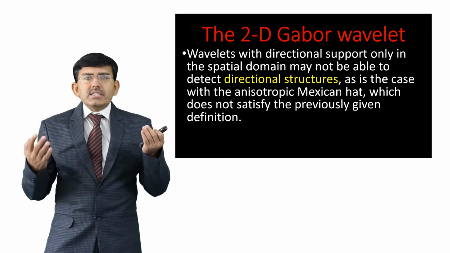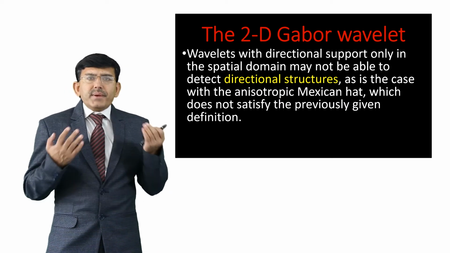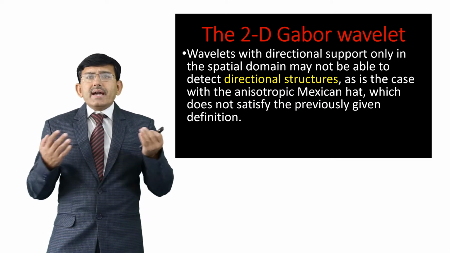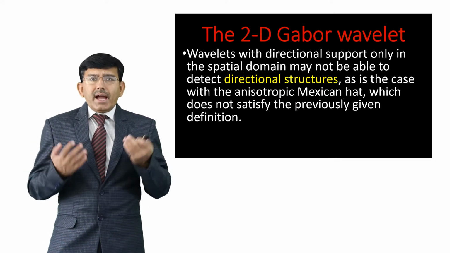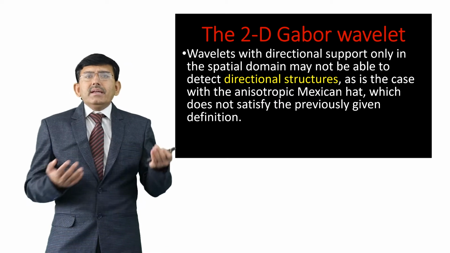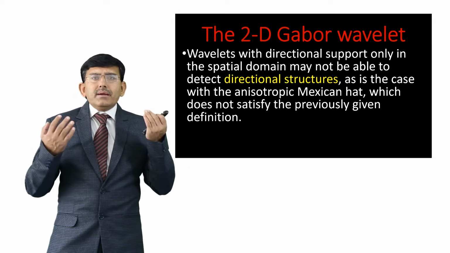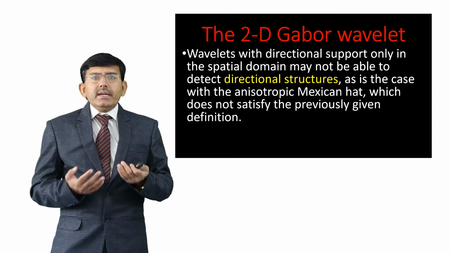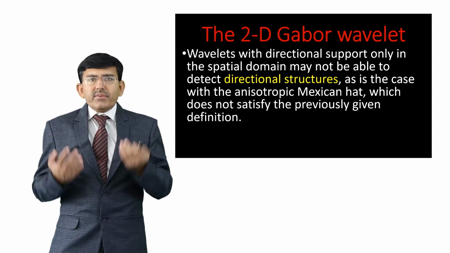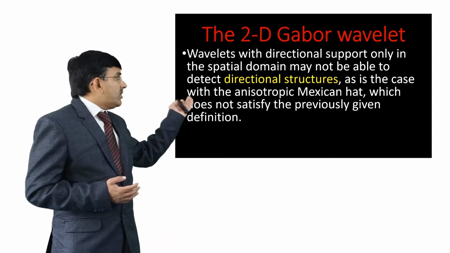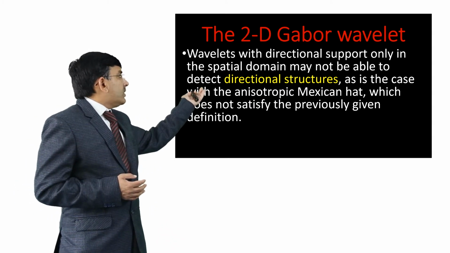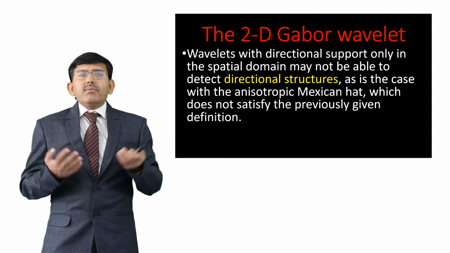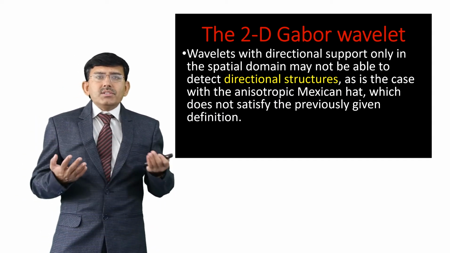Wavelets with directional support only in the spatial domain may not be able to detect directional structure, as is the case with the anisotropic Mexican hat, which does not satisfy the previously given definition. This is one of the limitations of the 2D DFT while using the Gabor wavelet on the image domain.